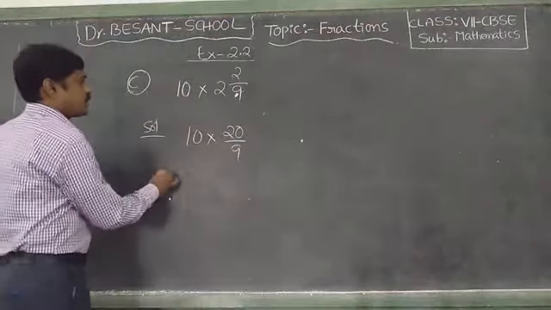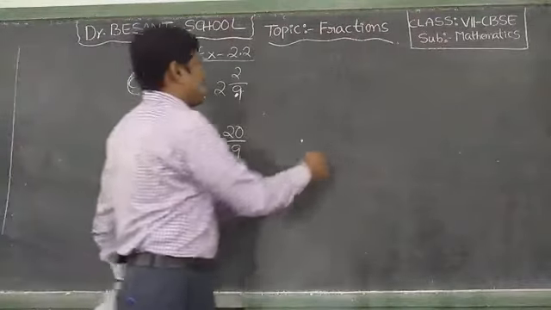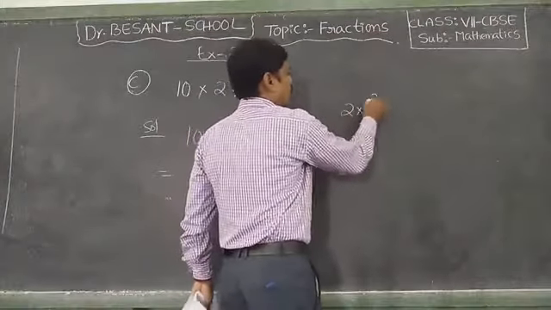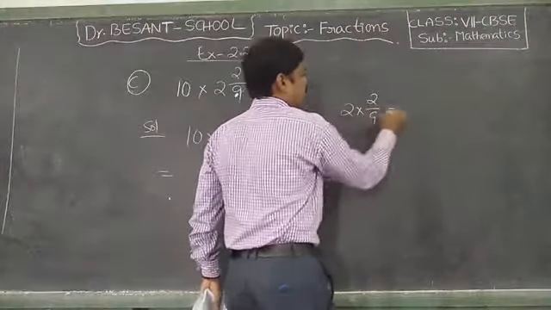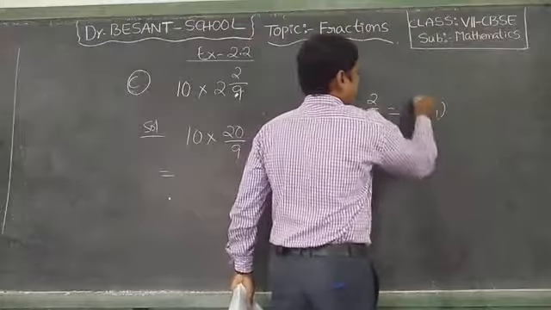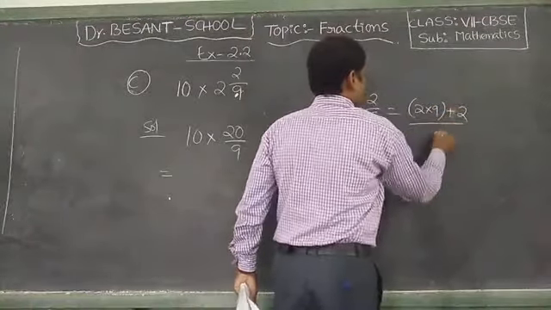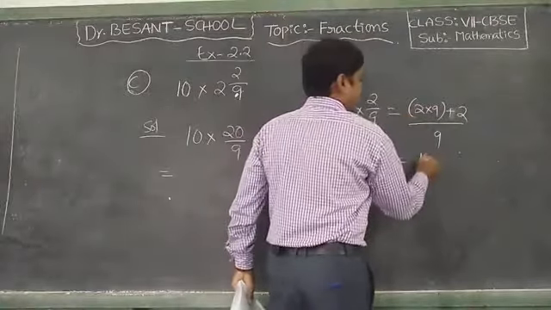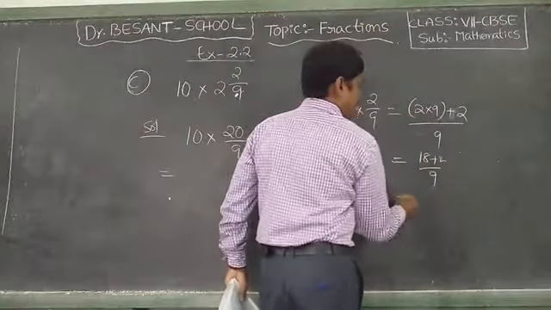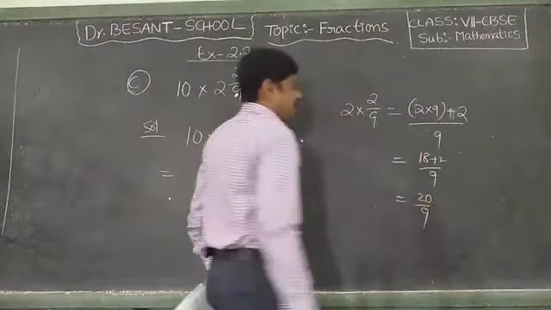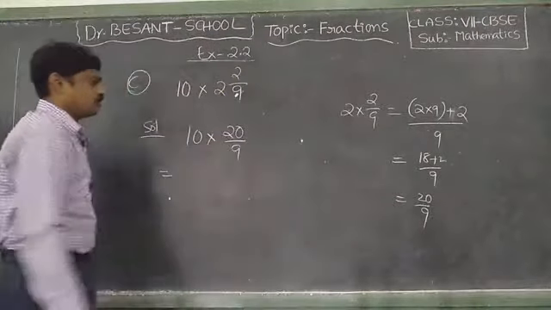Because 2 into 2 by 9 is equal to 2 into 9 plus 2 by 9. 2 9s are 18 plus 2 by 9, 20 by 9. Okay children.